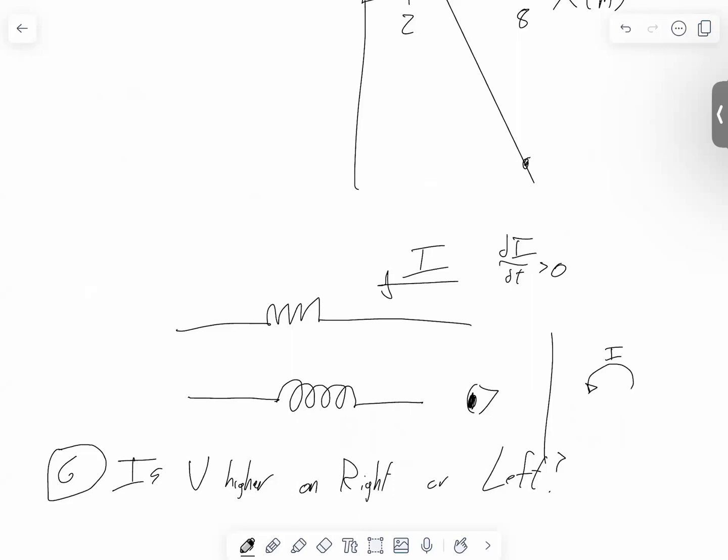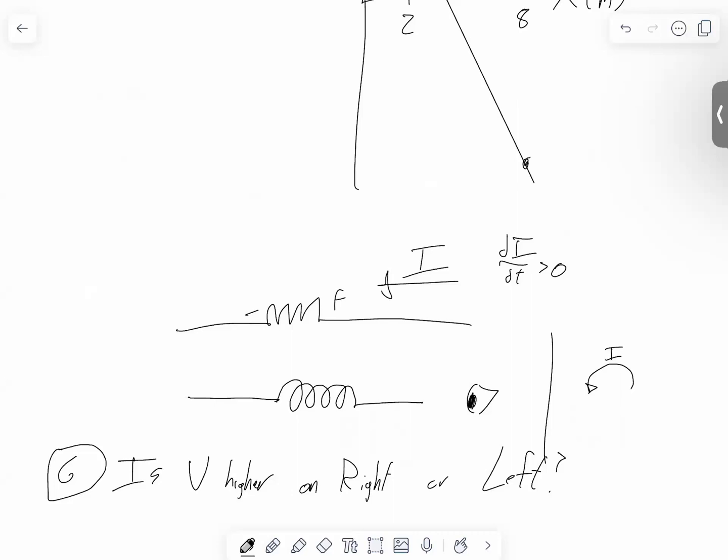If current is flowing leftward, current always flows downhill. The reaction current says which direction is the resulting opposition. The opposition is going to oppose this, but if current is flowing leftward, the right side is higher voltage.